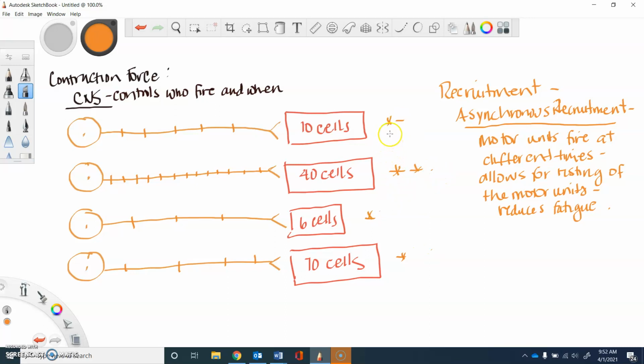But normally that's what's going on, and that is what's called recruitment. And asynchronous recruitment is what allows some of those motor units to be resting while others are engaging.